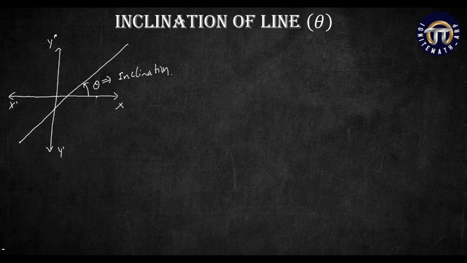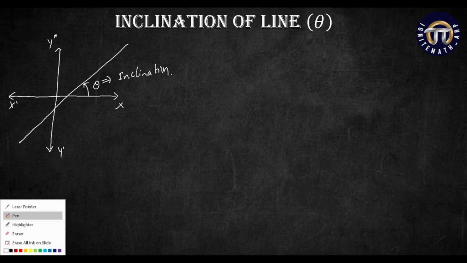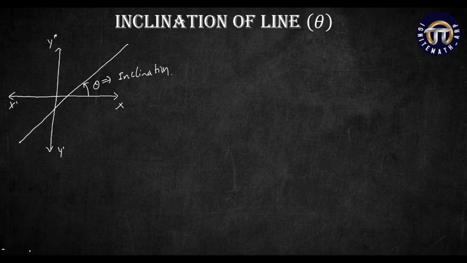It can be anything. Suppose any line is making an obtuse angle, say for example, I am going to draw one more line over here. If you observe, this is the angle made by the line with the x-axis taken in the anti-clockwise direction. So that time this becomes theta.